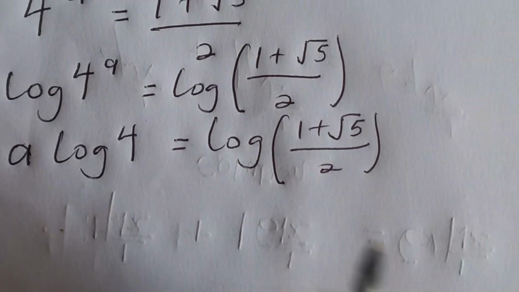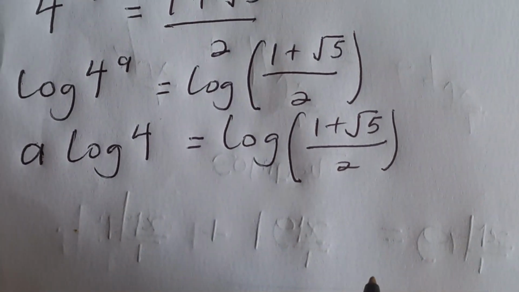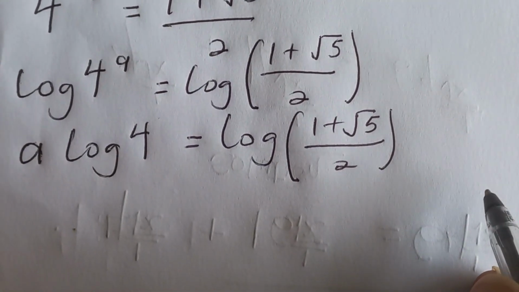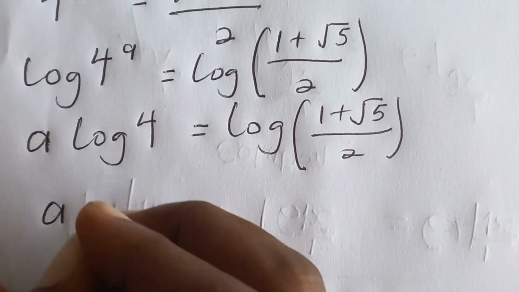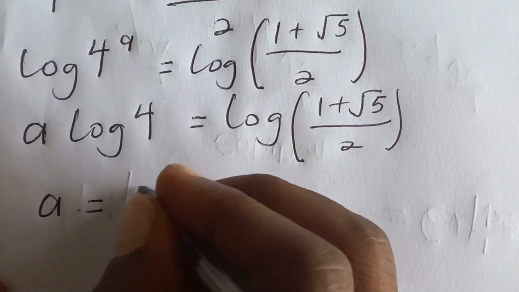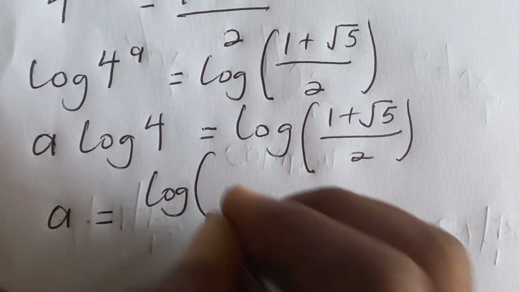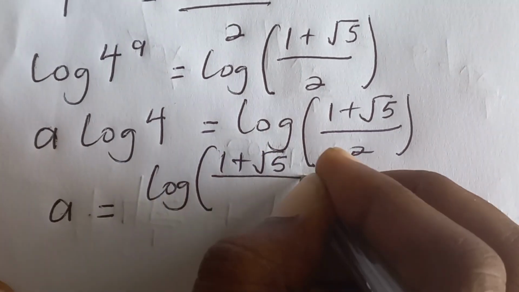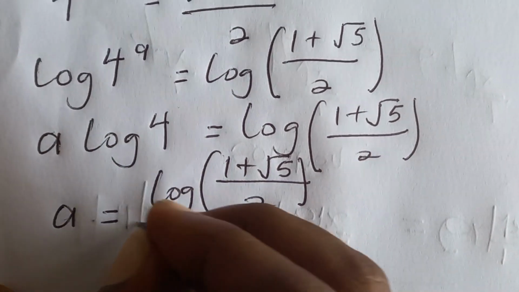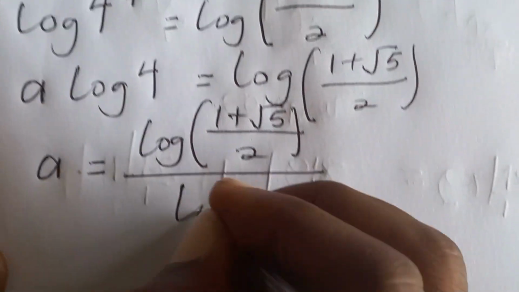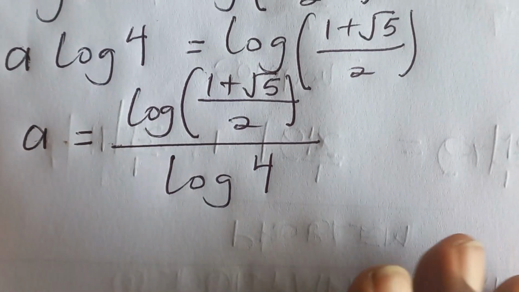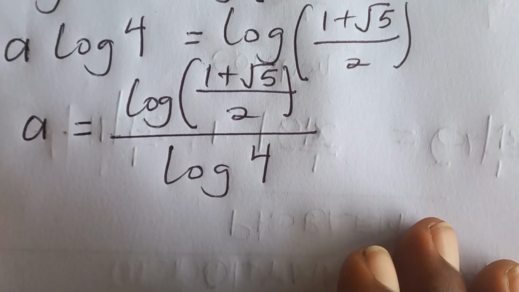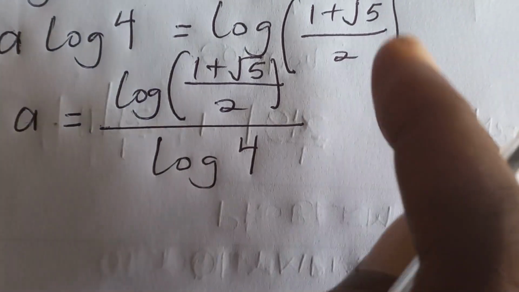Here we can divide both sides by log 4. Dividing both sides by log 4, we get a is equal to log bracket 1 plus root of 5 on 2 all over log 4, like this.